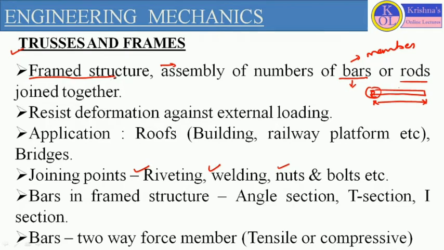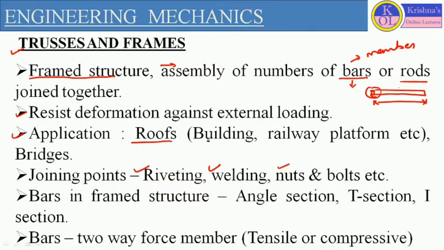Trusses and frames are generally used to resist deformation against external loading. I will explain this better through applications. If we talk about an application or example of trusses and frames, roofs are the best example.